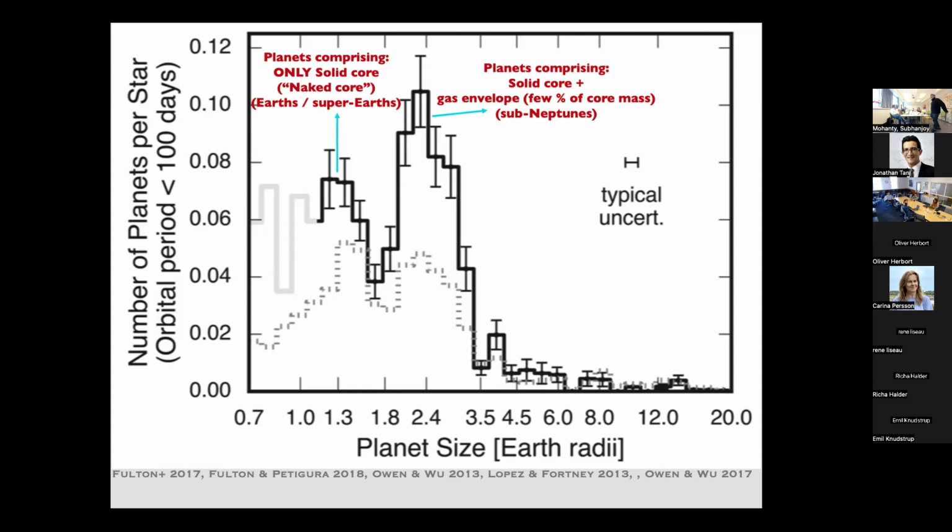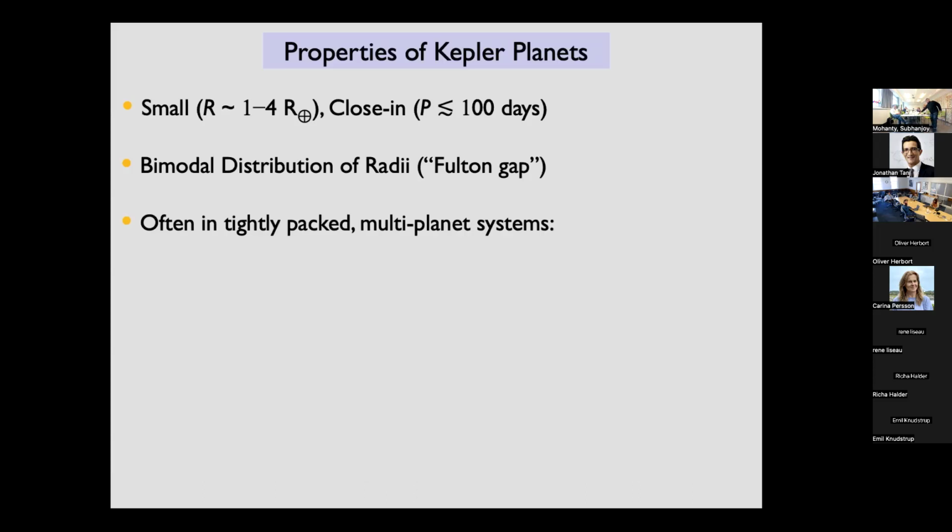The other guys, observationally, are planets comprising a solid core and an envelope around them of gas. Essentially hydrogen, helium, if you like, and we can have discussion about that later on. And in those cases, the envelopes are a few percent of the planet's mass in mass. Okay, so these are the 2 peaks. These are just observational facts about this, right?